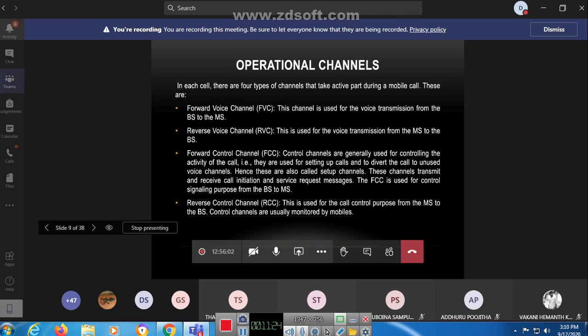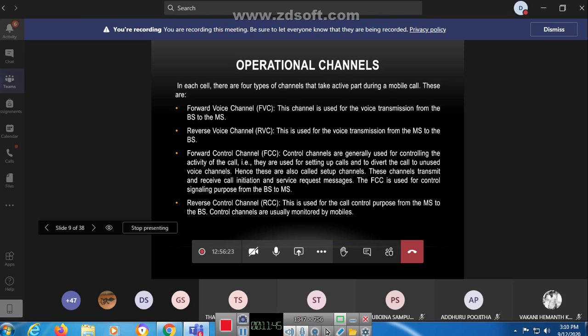Another one is the reverse voice channel. What is the reverse voice channel? Simply the reverse of the forward. There we transmit from base station to mobile station; here reverse is mobile station to base station.